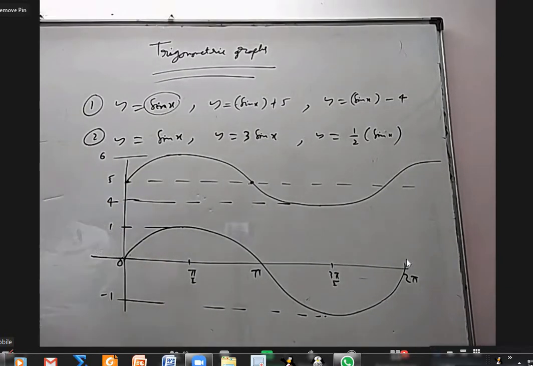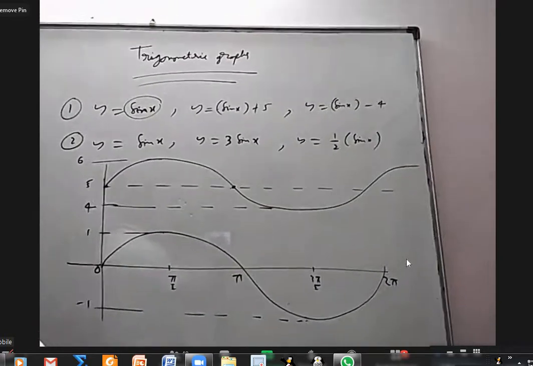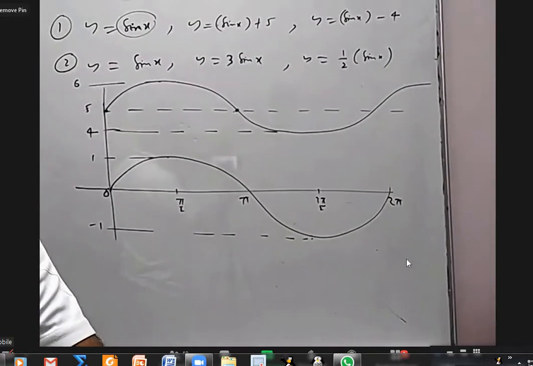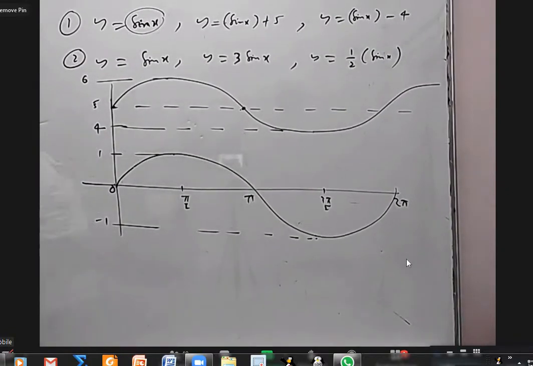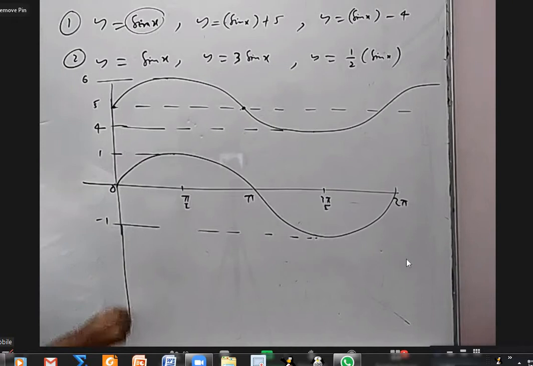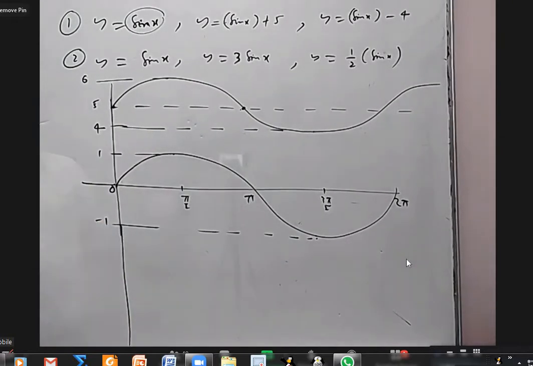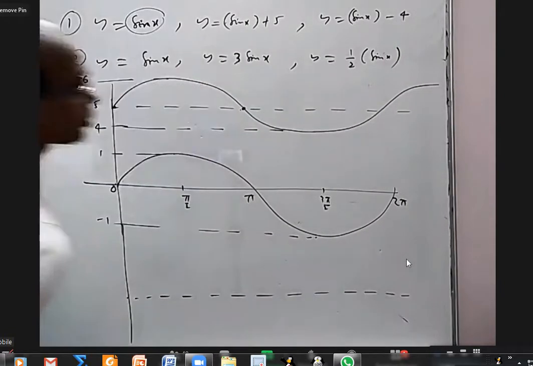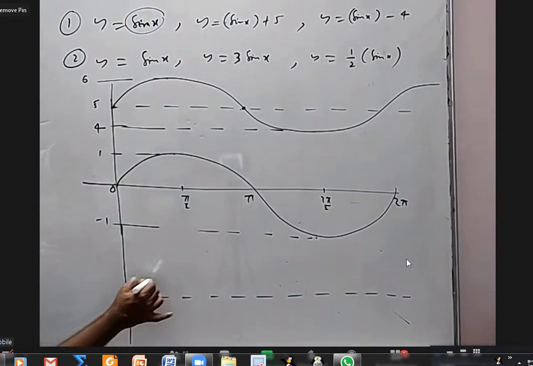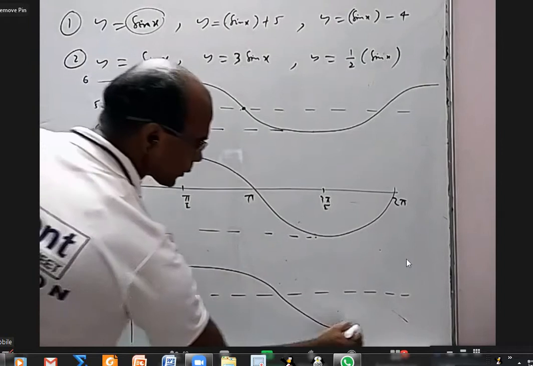For y is equal to sin x minus 4, maximum value will be 1 and minimum value will be -3. Basically the whole graph will come 4 units down. Instead of 0, you identify -4, and then from there it will be like this.